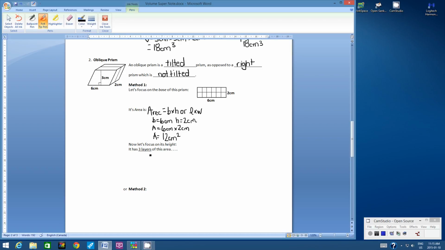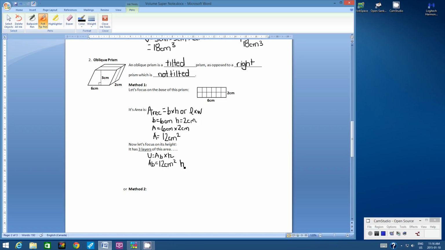So let's use the formula that we've used for method 1, and that is volume equals area of the base times height. Well, the area of the base, we know, we just calculated, is 12 centimeters squared.